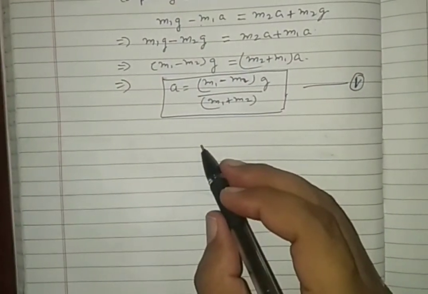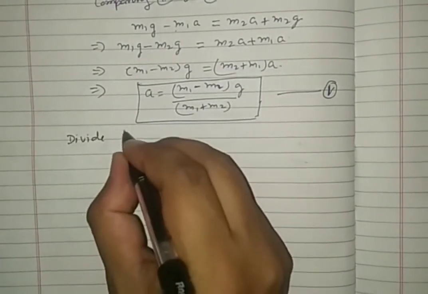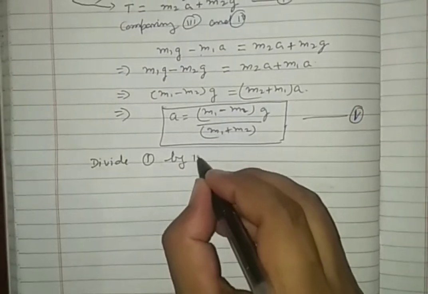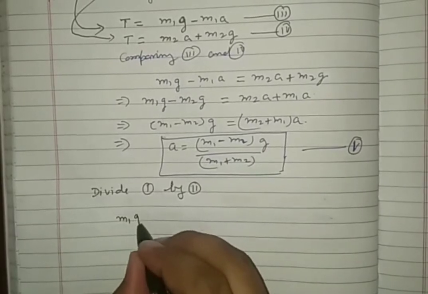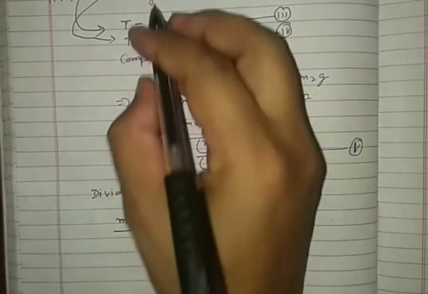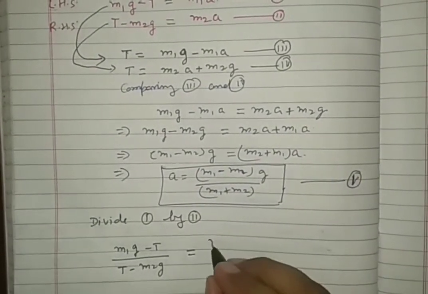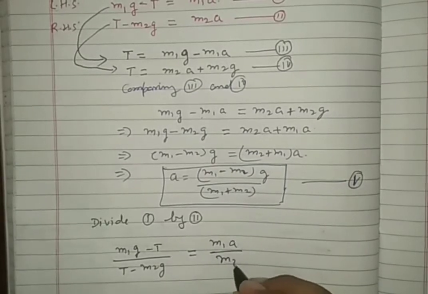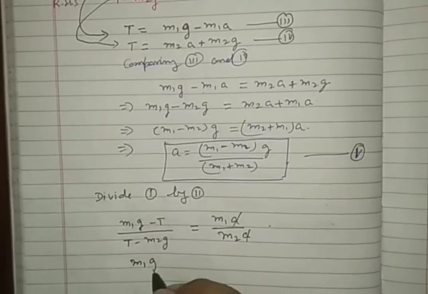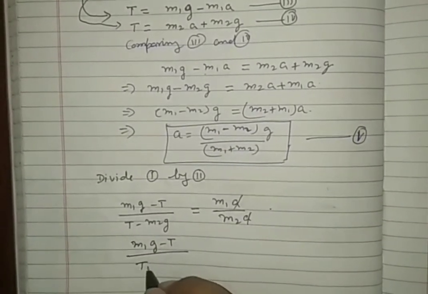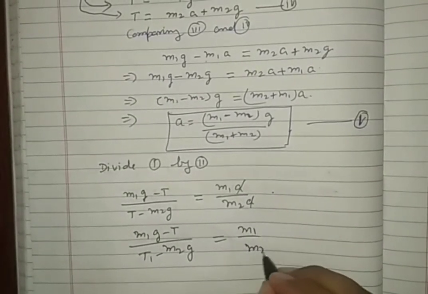Now divide equation 1 by equation 2, left hand side by left hand side. M1G minus T divided by T minus M2G equals M1A divided by M2A. A cancels A, so this equals M1 by M2.